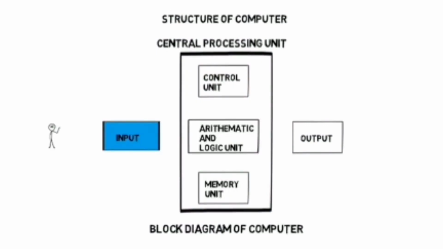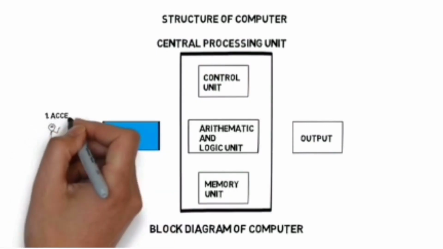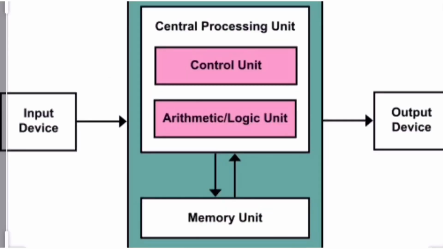Now we will see how the input unit works in the following steps. Let's see the example. Use the calculator on your computer to add numbers, to add 25 plus 32. Children, you type 25 and 32 from the keyboard. Here 25 and 32 are data.